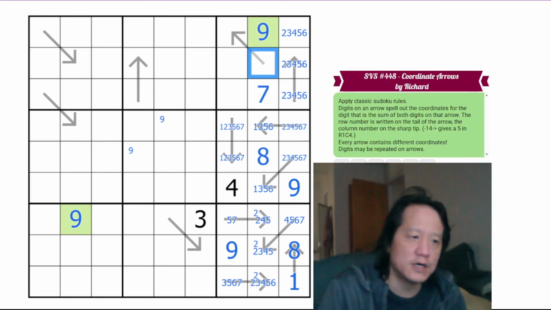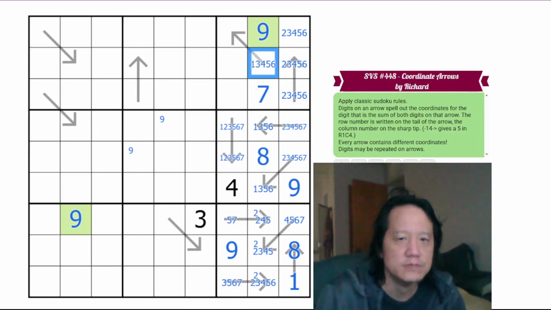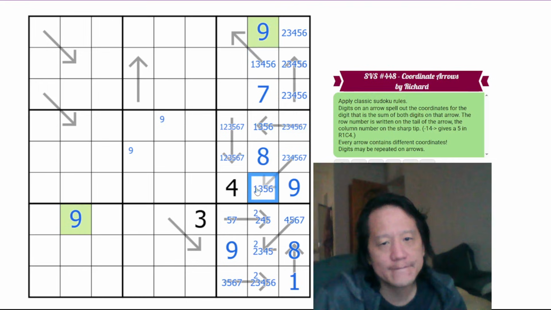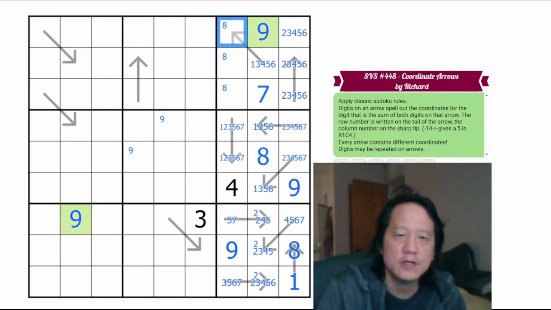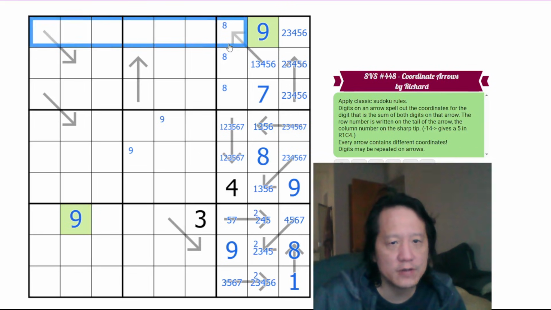Remaining digits in column 8 are 1 through 6. Cannot be 2. So this is 7. That means 8 has to be one of these 3 cells. You cannot have 1 and 7 be the set, right?